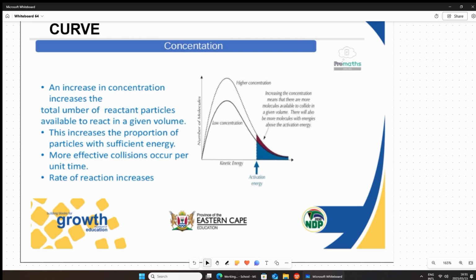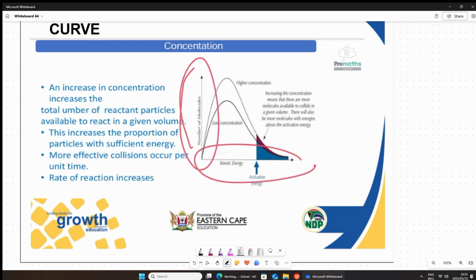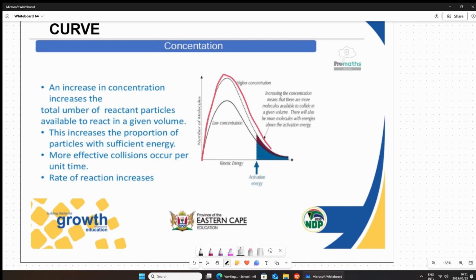The effect of concentration using the Maxwell-Boltzmann distribution curve is explained using the number of molecules versus the kinetic energy. The graph with the higher peak is the one with the higher concentration, because there is a higher number of molecules per unit volume.